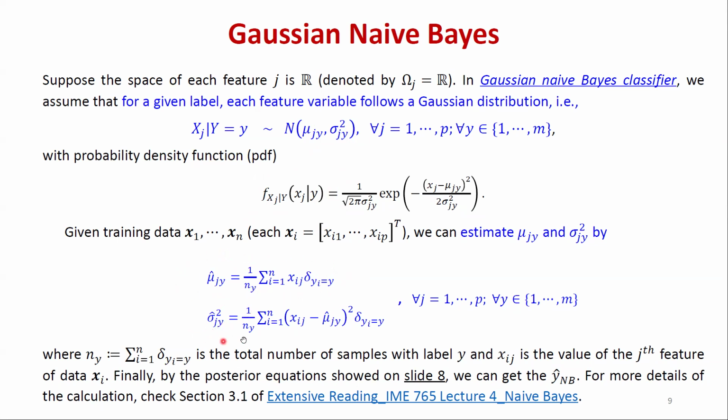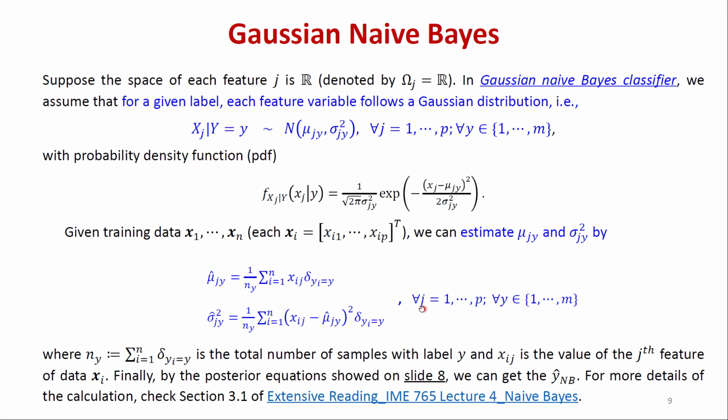For sigma, we use the sample variance. And this delta is the binary indicator, meaning whether y_i equals y. If y_i, the label of the ith training data, equals y, then we count this training data. If y_i doesn't equal y, we just skip it. So that's the meaning. Super simple.